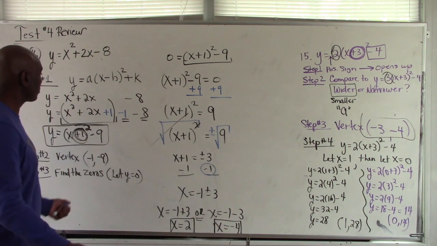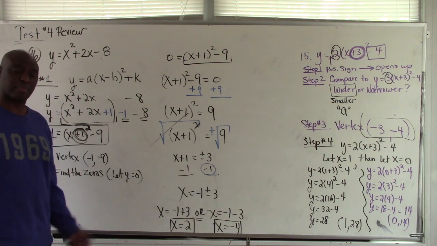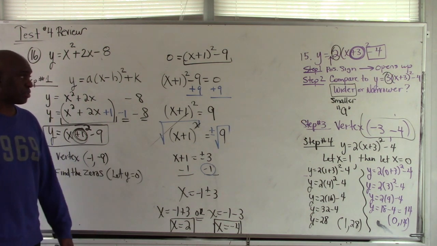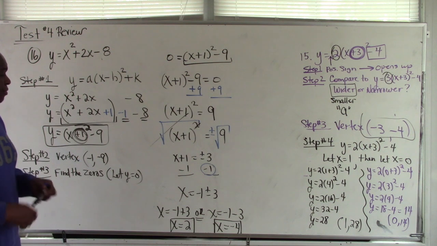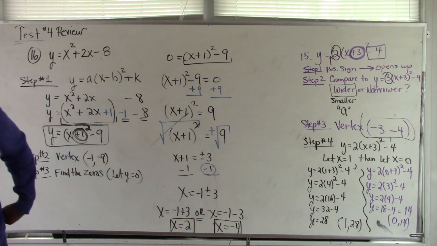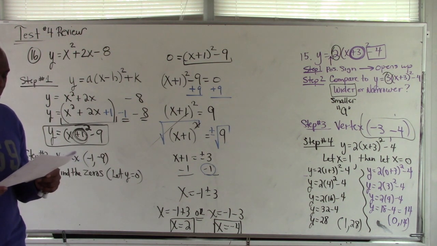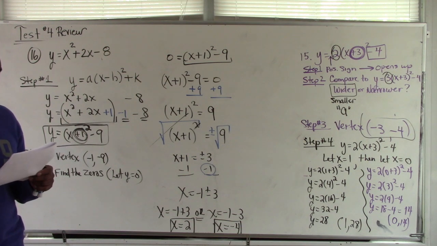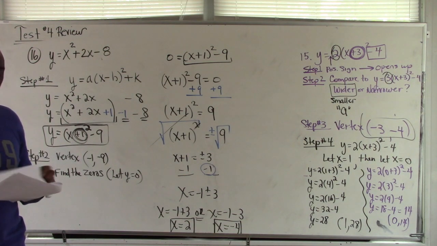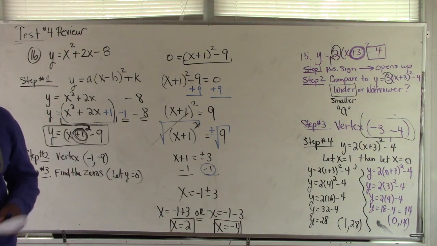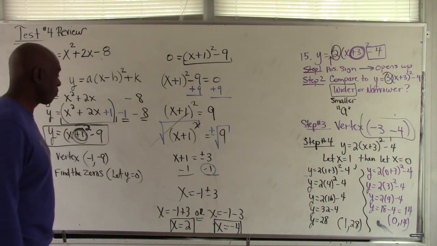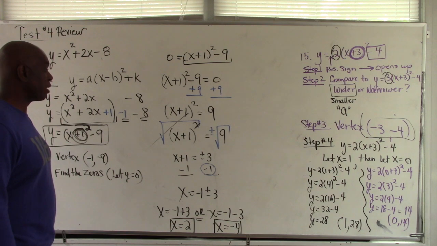Alright, there you go. And that's going to give me my solutions for number 16. I think that's all they're asking us for. And for 16, now they want you to find 2 additional points. Alright? So find 2 additional points.